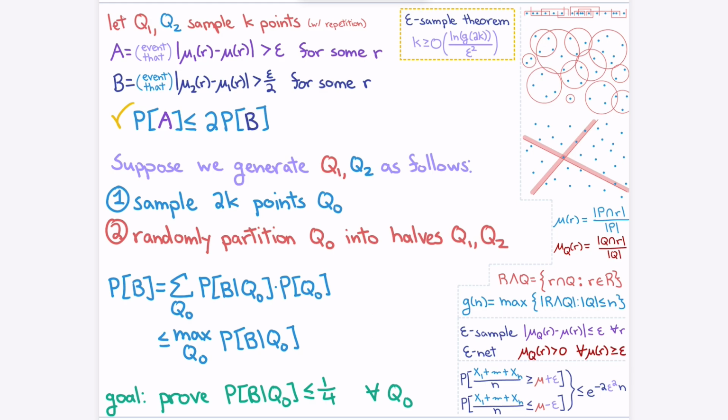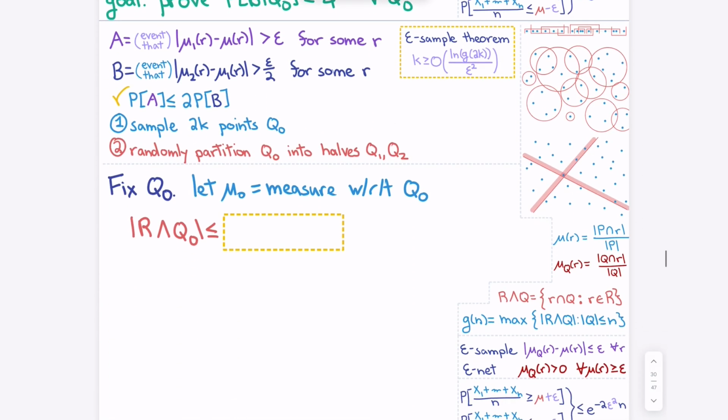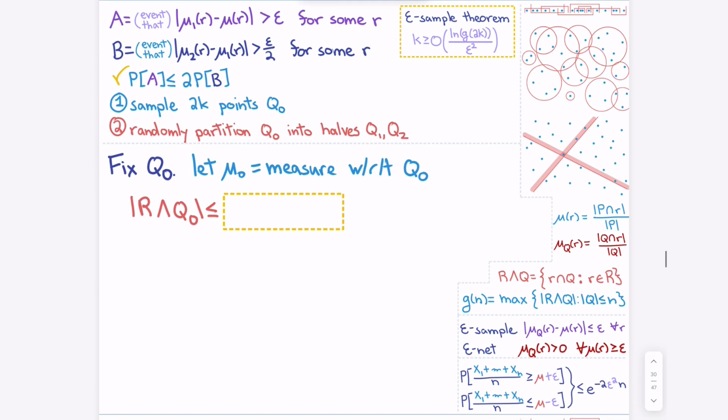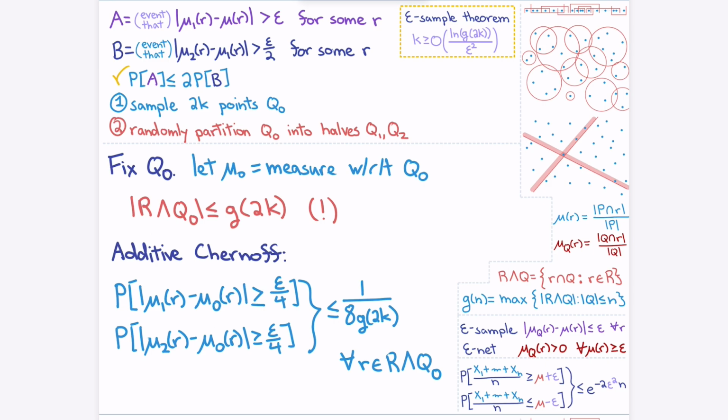But I've already restricted myself to this set of 2K points, and I only have to worry about G of 2K ranges, right? This is just this brilliant double sampling trick. And as you pointed out, the number of different ranges induced by Q0, you've already said it.